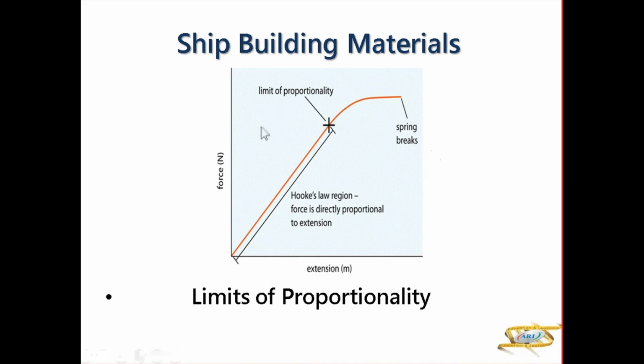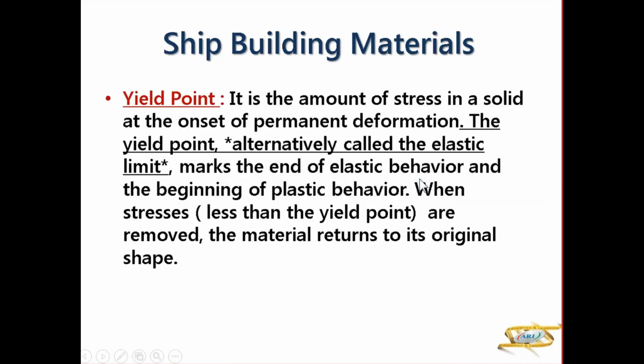So this is your limit of proportionality. You will have a spring breaking here. So Hooke's law is followed till here. After that, Hooke's law is not followed. Now the yield point is the amount of stress in a solid at the onset of permanent deformation. That means after the yield point or elastic limit, the material will be permanently deformed.